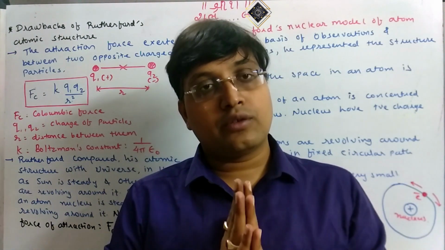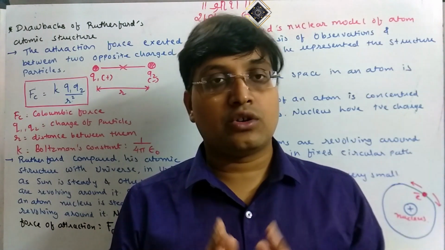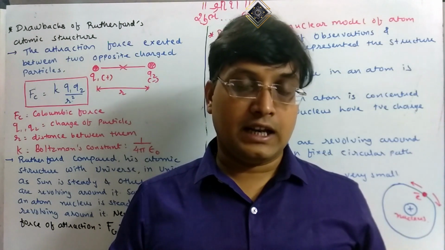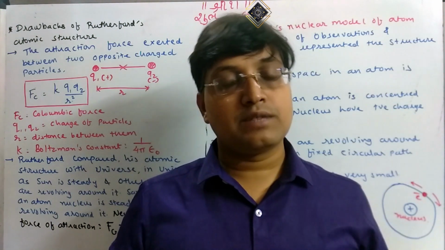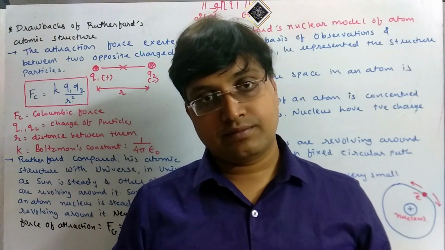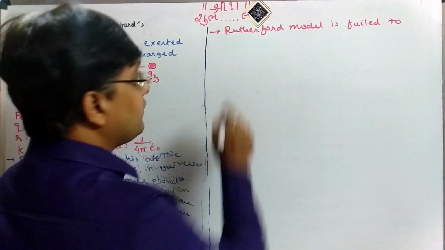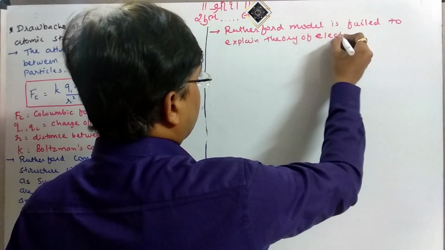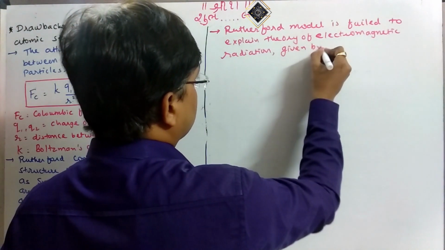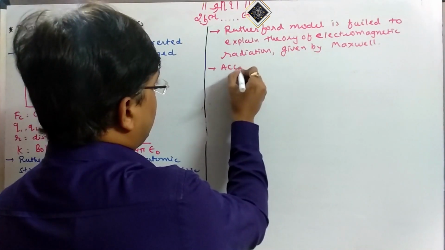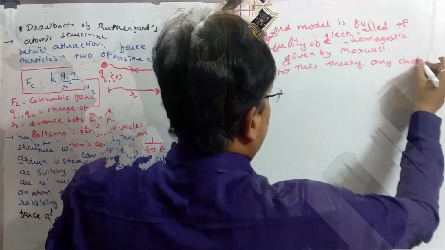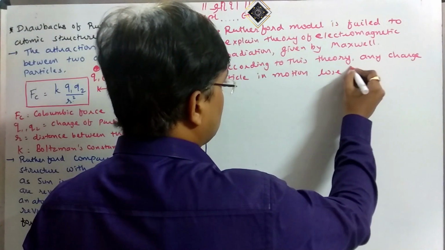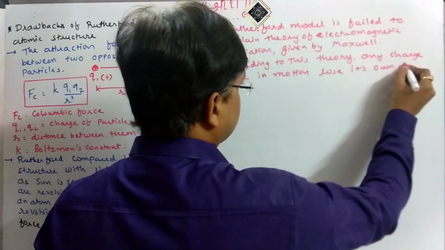That means the Rutherford atomic structure does not explain the stability of an atom, and for lack of stability, this model was not accepted. Rutherford model failed to explain the theory of electromagnetic radiation given by Maxwell. According to this theory, any charged particle in motion loses its own charge.